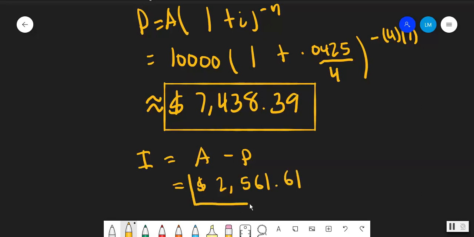So this is the amount of interest that's paid back, and this is over a 7-year period.